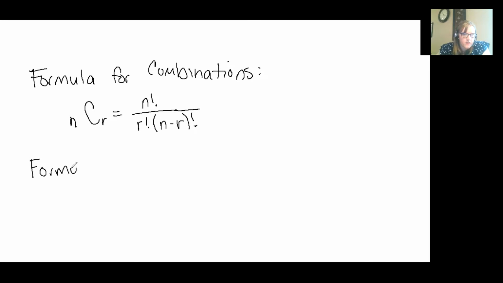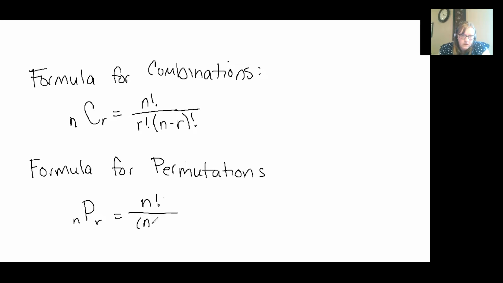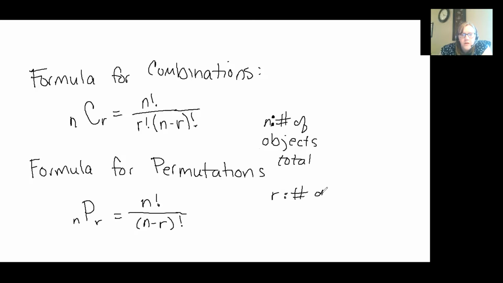And then your formula for permutations. All right, and in this, N is your number of objects total. R is the number of objects selected.